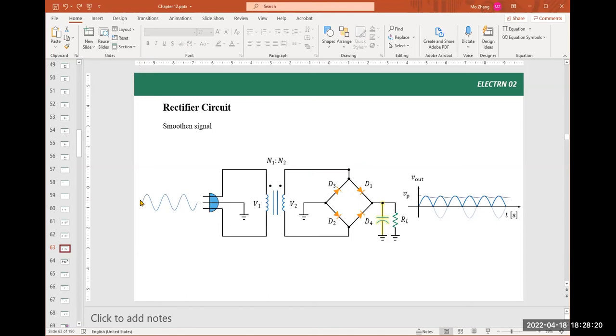So application 1, using capacitor to smooth waveforms, to make it smooth. It's not that sharp. It's not that volatile. So it goes up, gradually goes down, and then up again, gradually goes down. Any questions?